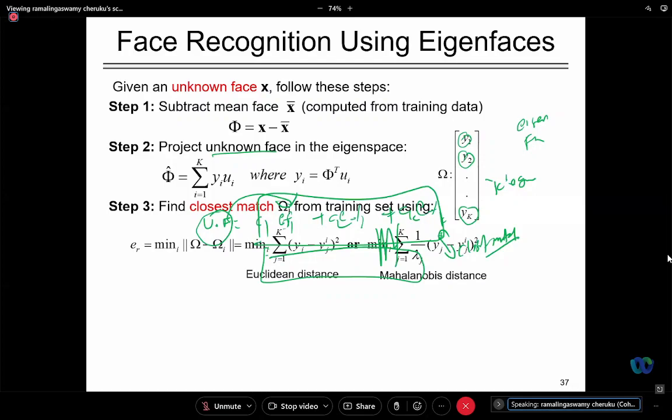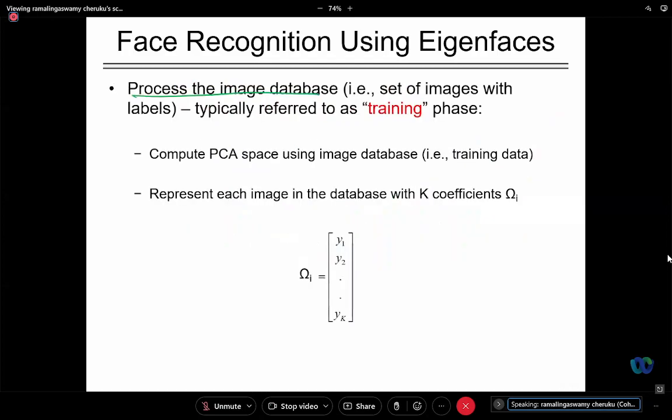The important thing over here is the image database, a set of images with labels. Each and every image in this training database is represented in the form of what are called eigenfaces.